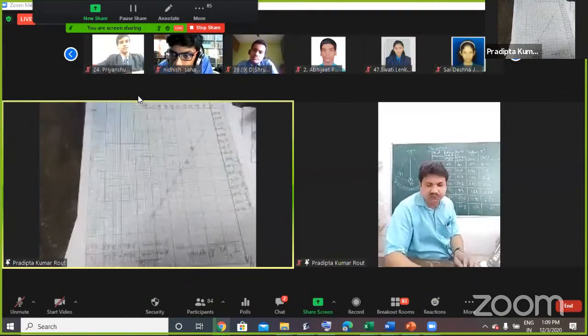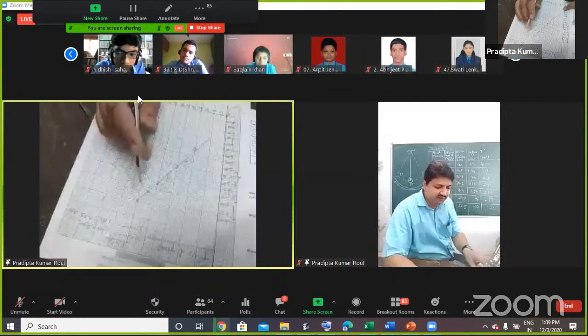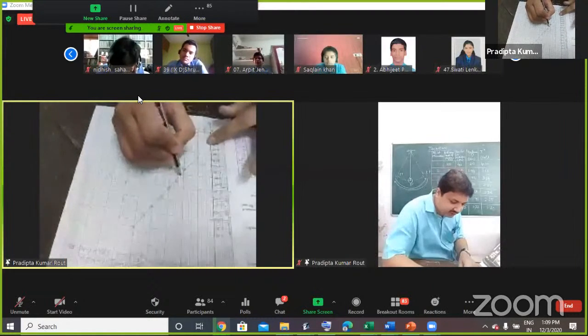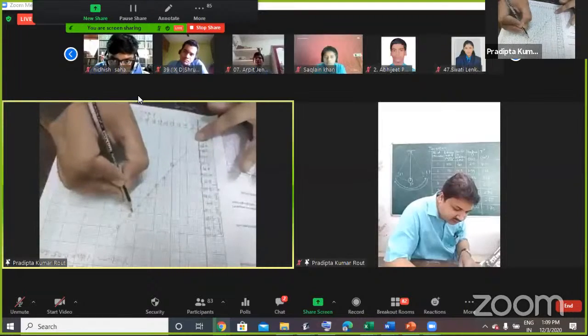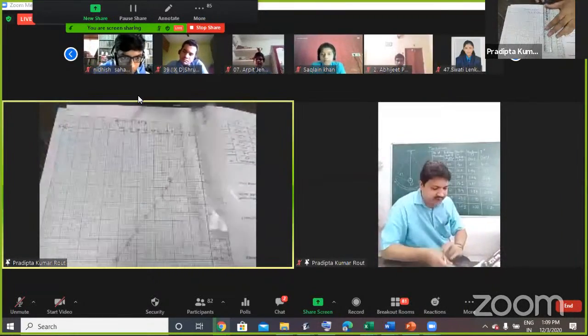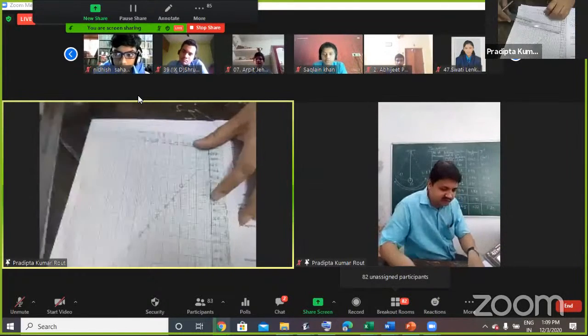How to find slope? On this graph paper, children, any 2 points of your choice you have to take. So let me take a point over here and let me take a point over here. 2 points of your choice. Now from both the points, you have to draw perpendicular. Or another method is also there.